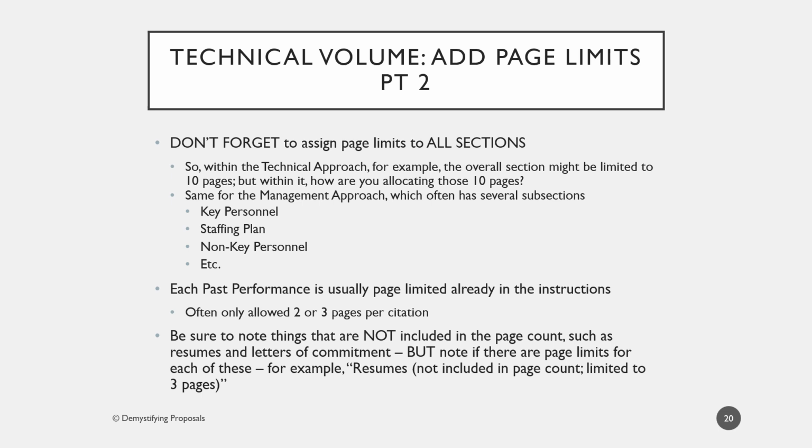So, for example, "resumes (not included in page count, limited to 3 pages)." This means that resumes are not included in the overall page count for the proposal, but they are limited to 3 pages each.